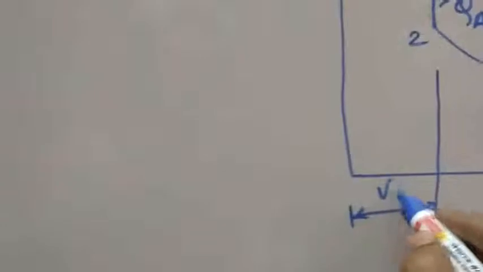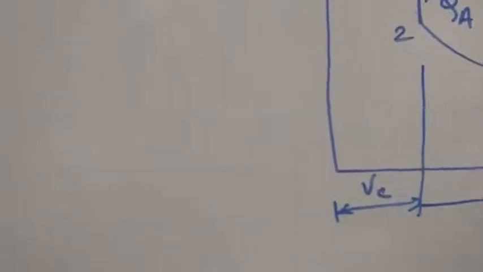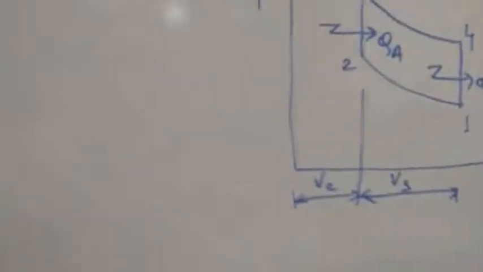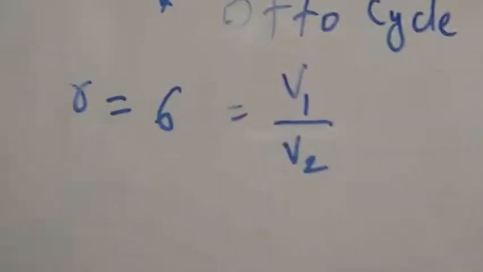In the PV diagram, this is the clearance volume Vc and this is the swept volume Vs. Vc plus Vs is the total volume, divided by Vc is the compression ratio. So I have written that compression ratio over here.